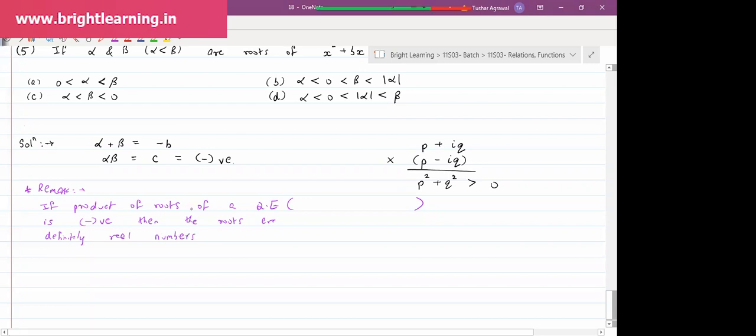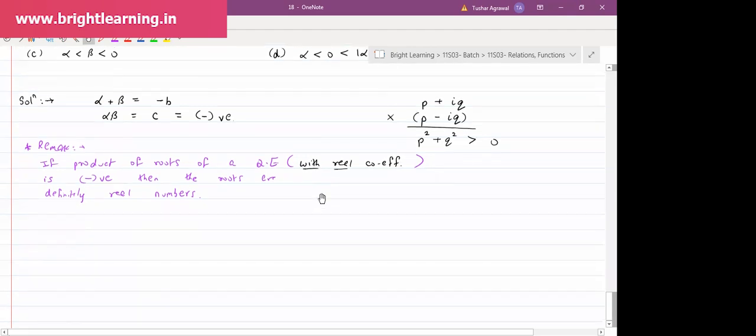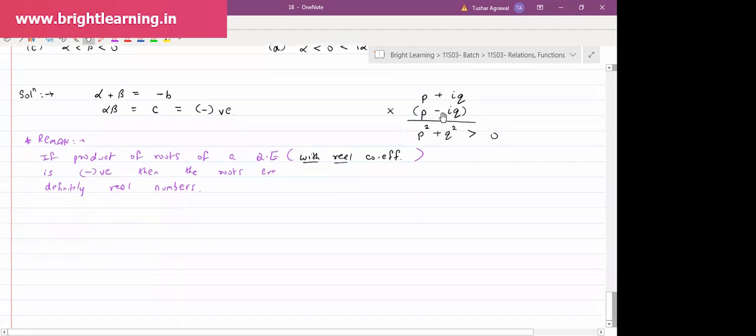And why? Because if they are complex, then they have to occur in conjugate pairs, and for conjugate pairs the product is always positive. Now the bracket I have given, with real coefficients: this whole property that roots occur in conjugate pairs is true only with real coefficients. If A, B, C, the coefficients of the quadratic equation, are real, then we can say that property that roots occur in conjugate pairs holds. So the roots are definitely real numbers.